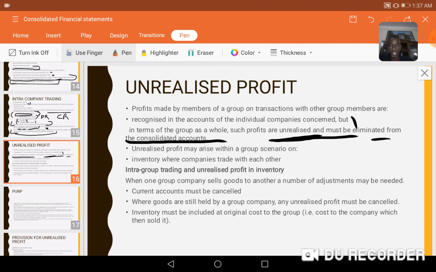Unrealized profits may arise within a group on inventory where the companies trade with each other. Exactly like what I just said, as long as the goods are still within the inventory, the profit is deemed unrealized.